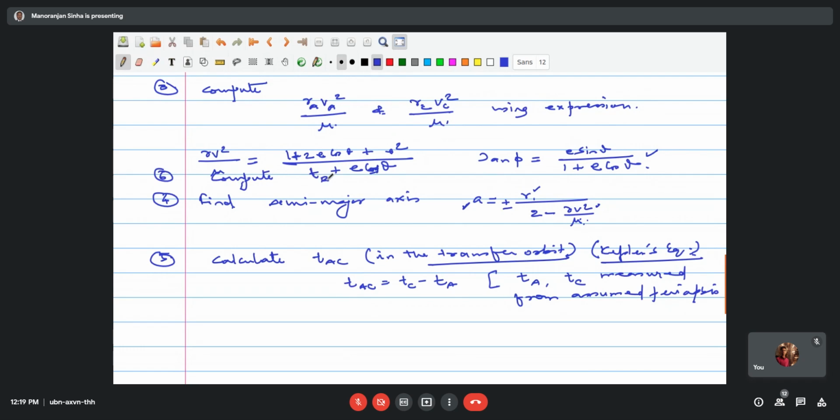Then compute TBC in the original orbit using Kepler's equation.